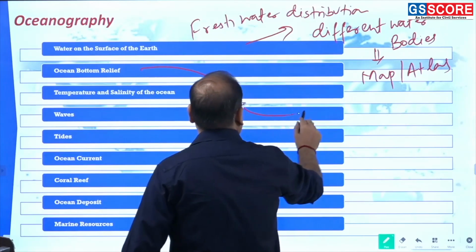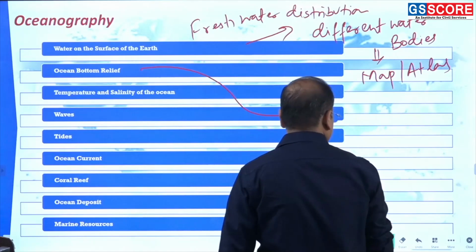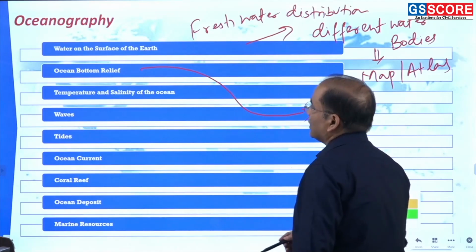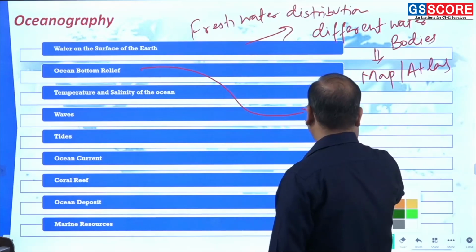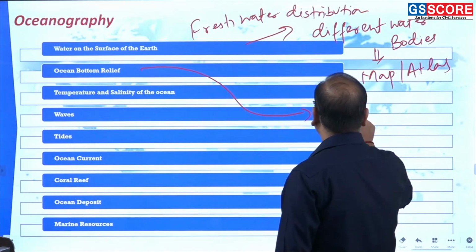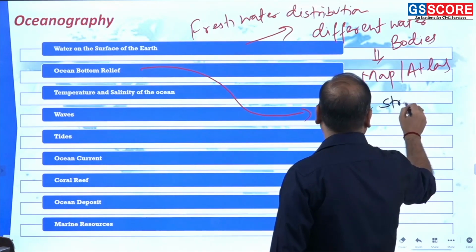Then the next topic under this ocean that you are supposed to study is the ocean bottom relief. It is the surface structure of the ocean.